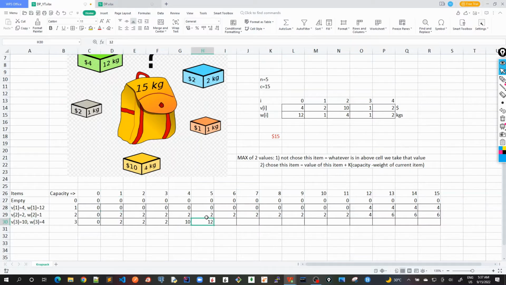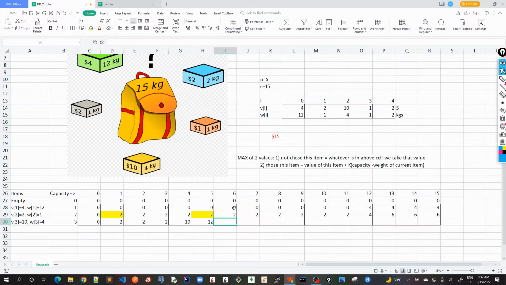So this is taken from either this value or the maximum of the value of 10 plus 5 minus 4, where the weight of this is 2. This cell. So it's 12. So we see that 10 plus 2 is greater than this one. So the value is 12 here.